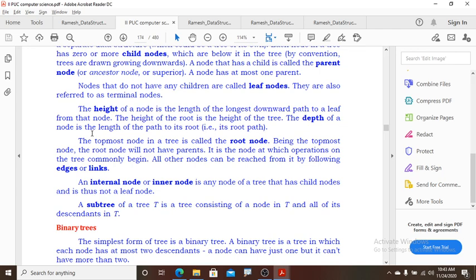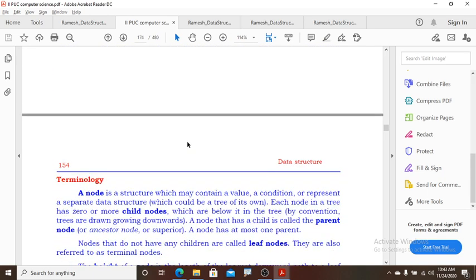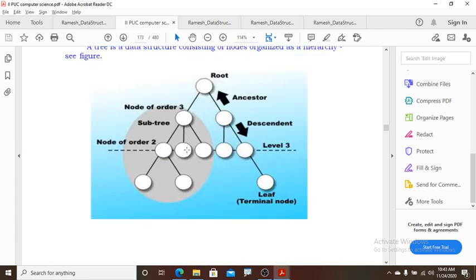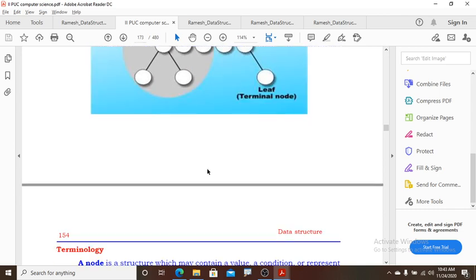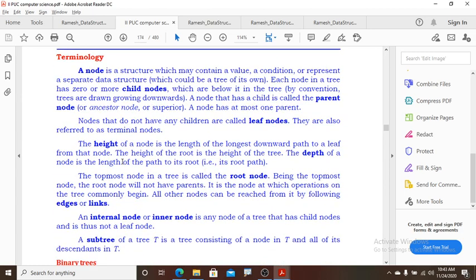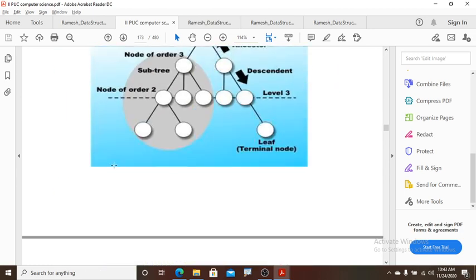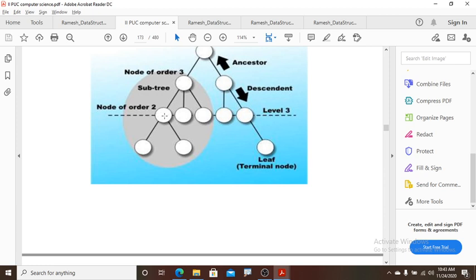So depth of the node is the length of the path to its root. Length of the path to its root means, from this node to the root node, that length is called the depth of the node. Suppose I want to find the depth of this node. From this node to the root node, we determine the length.